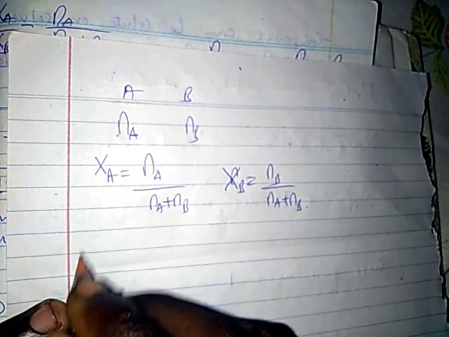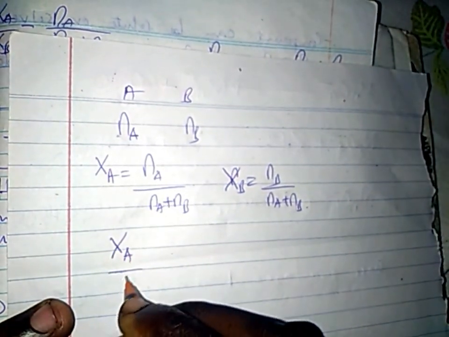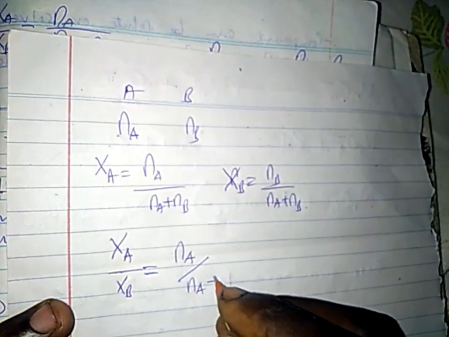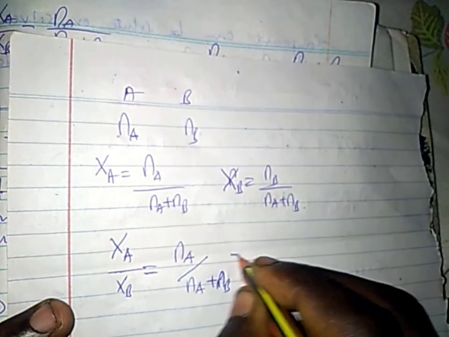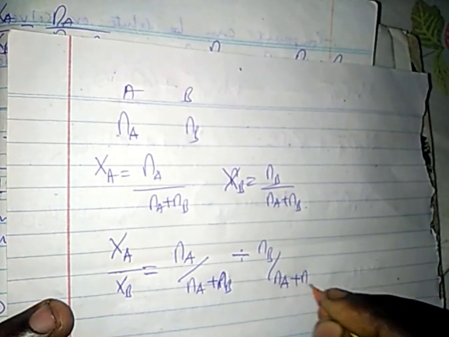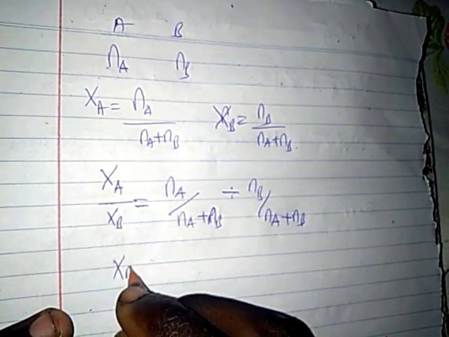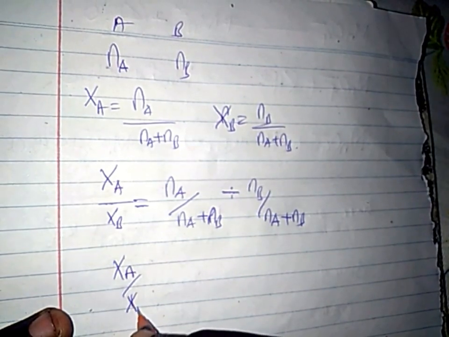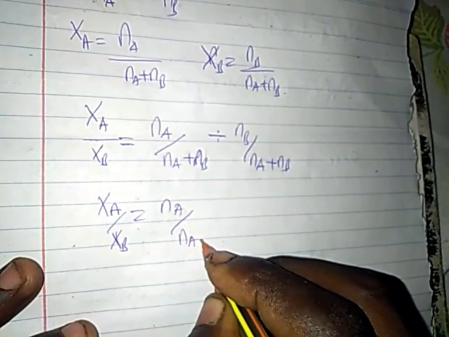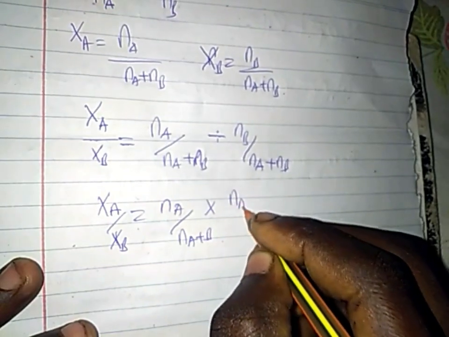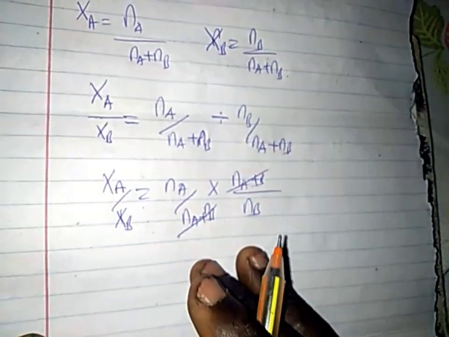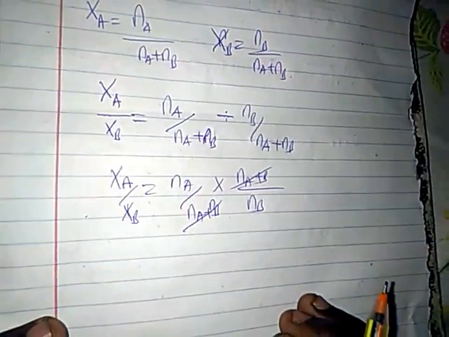Now, if we want to take the ratio of mole fractions, it will be mole fraction of A divided by mole fraction of B, equal to number of moles of A divided by number of moles of A plus number of moles of B, and this is divided by number of moles of B divided by number of moles of A plus number of moles of B. So simply, mole fraction of A divided by mole fraction of B will be equal to number of moles of A divided by number of moles of A plus B, times number of moles of A plus B divided by number of moles of B. So the total number of moles, A plus B, will be cancelled out.